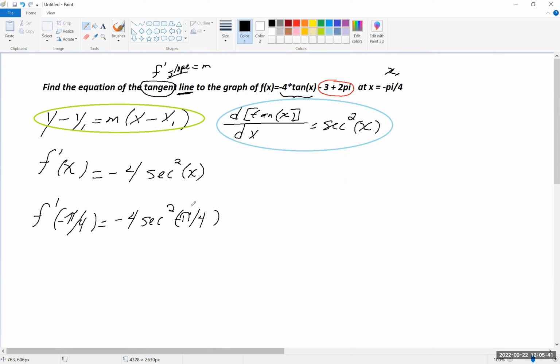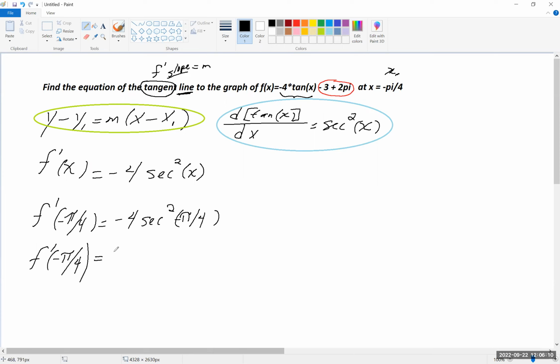All right, so that might be a little bit tricky. We might have to think about that a little bit. And the way this makes the most sense for me, and you may have a different way that works for you, you may be able to work with a secant directly, you may want to plug this into your calculator.